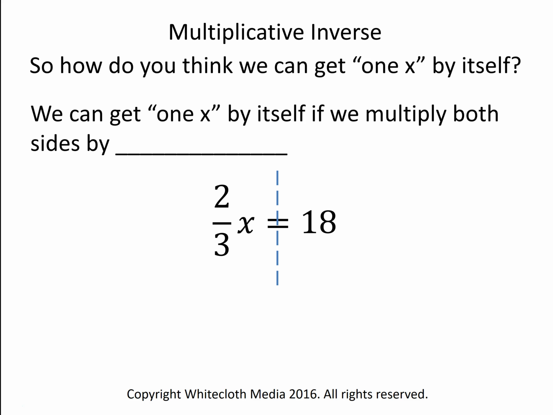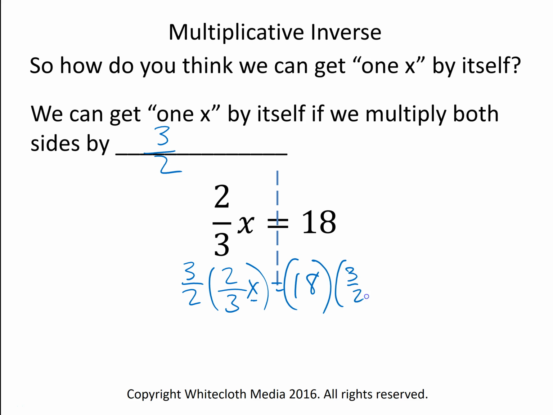So what do you think we need to do to get 1x by itself? We can get 1x by itself if we multiply both sides by, you got it, 3/2. If I take 2/3 x equals 18, then to get 1x, I'll multiply both sides by 3 divided by 2.